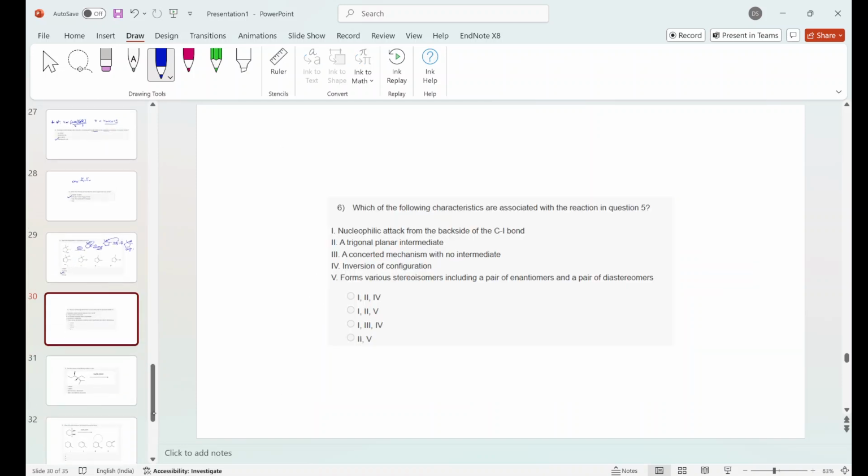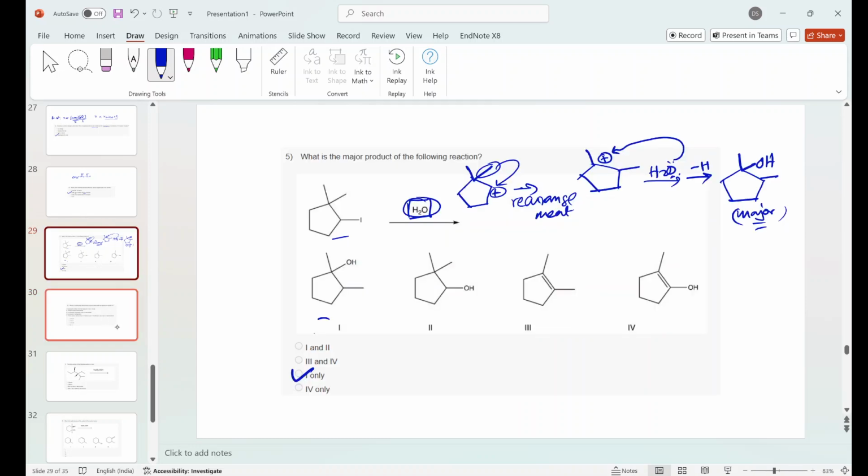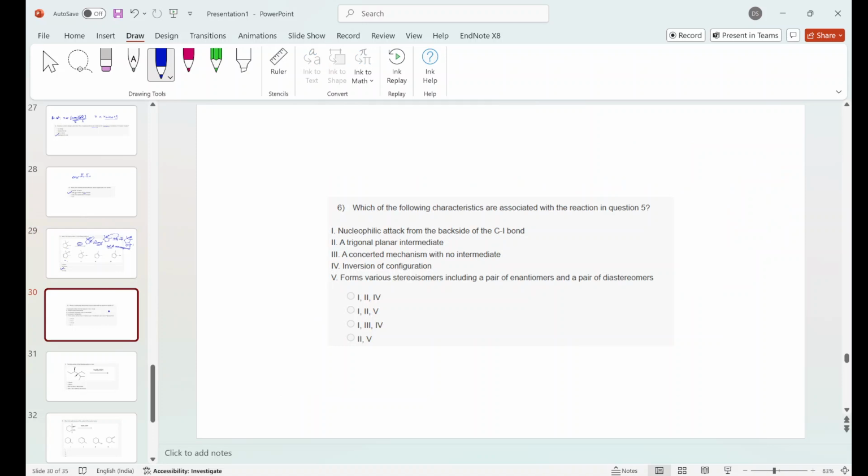One. Which of the following characteristics are associated with the reaction in question 5? This is the E1 SN1 reaction. SN1 with rearrangement. So a nucleophilic attack from the backside of the C-Cl bond, no, this is wrong.